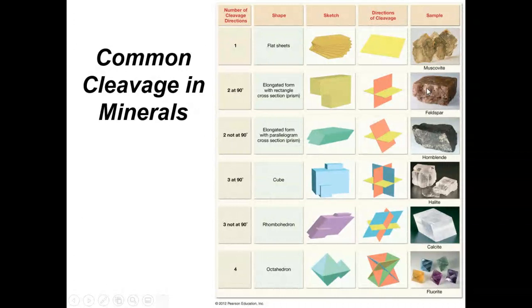An instance where we have two cleavage planes that meet at a 90-degree angle is feldspar. We have a cleavage plane here, a nice flat cut. Then we have a nice cleavage plane right here, and they meet at 90 degrees. If we go down here to this mineral called hornblende, which sometimes is found in the rock granite, you'll see that there's a cleavage plane here and one here, but they don't meet at 90 degrees.